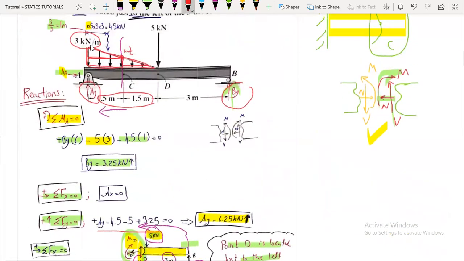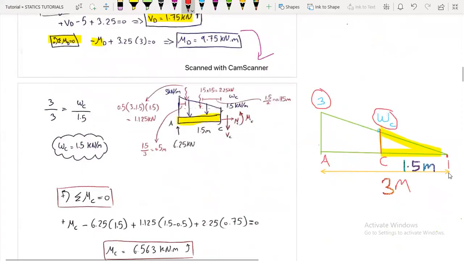And taking the full triangle, here is point D, and here the distance is 1.5 meters. So I will say, here it is 3 kilonewtons per meter. Here I'm looking at the full triangle over 3 meters, the total distance, or the length of the full triangle.